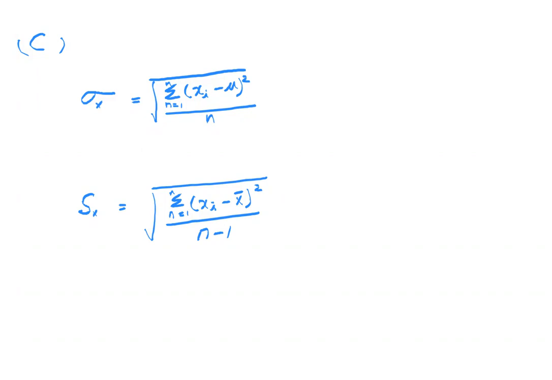Now let me give you the definition of standard deviation. Standard deviation is the average difference, or we should say mean difference, of each data from the mean.